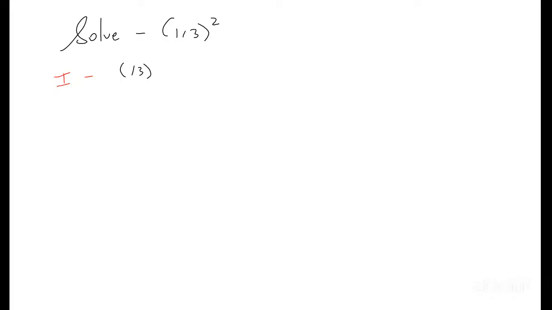See, what is the number closest to 113? Either we go back or we go forward. 100. 113 is 13 more than 100, so 100 plus 13. That is why 13 is my deviation.